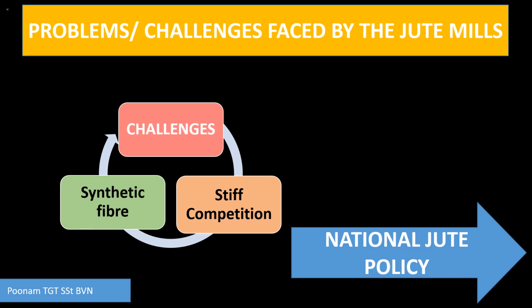Various steps taken up by the government to boost the production of jute are: in 2005, National Jute Policy was formulated with the objective of increasing productivity, improvement in terms of quality, thirdly, ensuring good prices to the jute farmers and enhancing the yield per hectare.